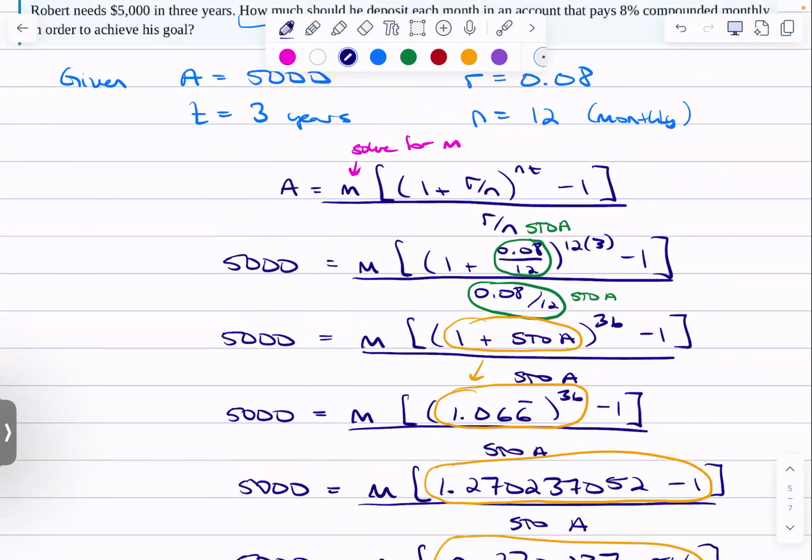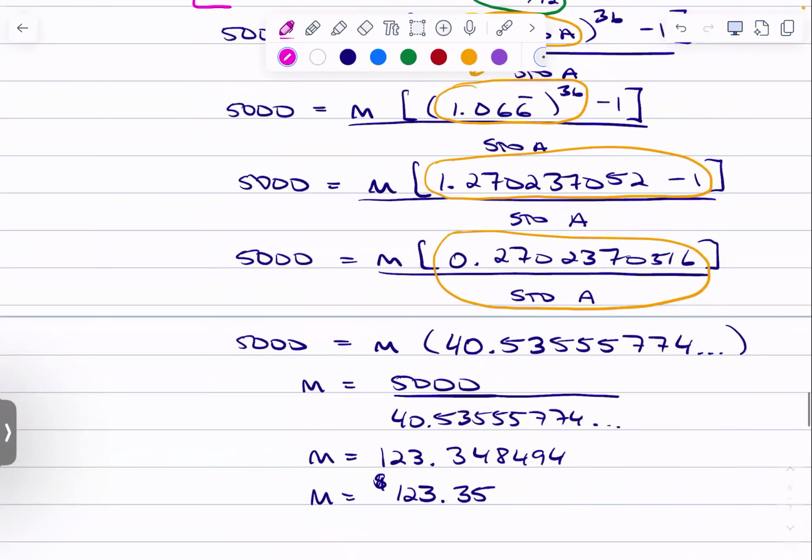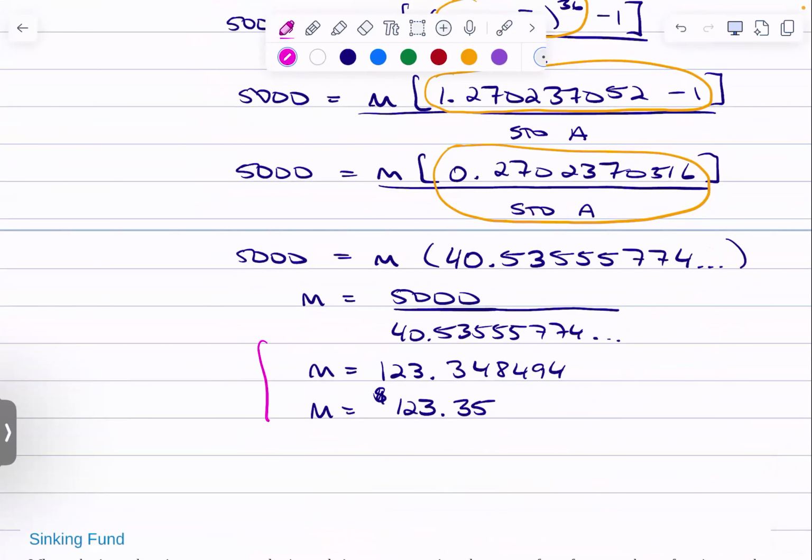I'll highlight again, for full marks, you would show me this.